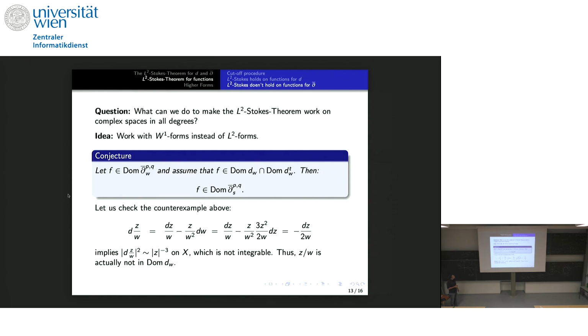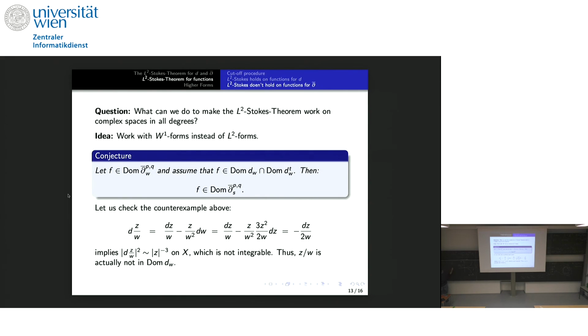So if we take d of our counterexample, then you can compute that this is what you plug in here. I don't want to do all the computations here.